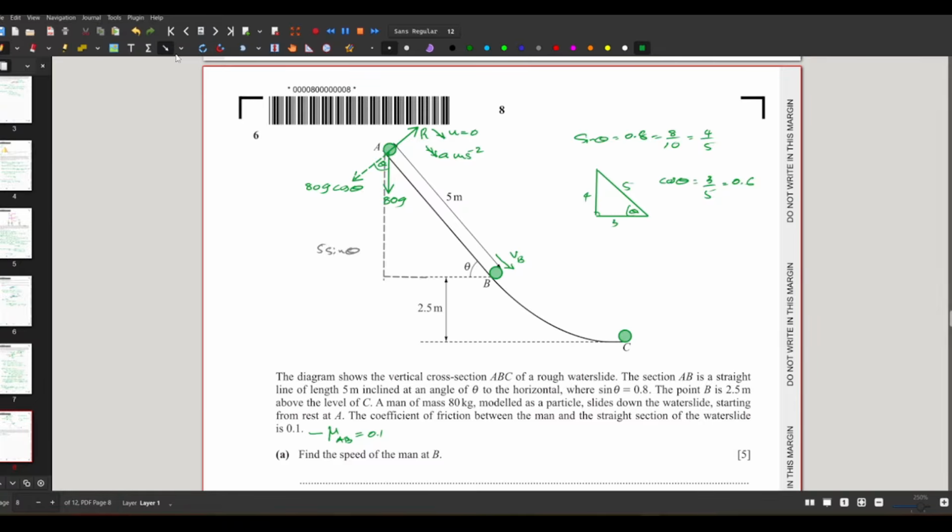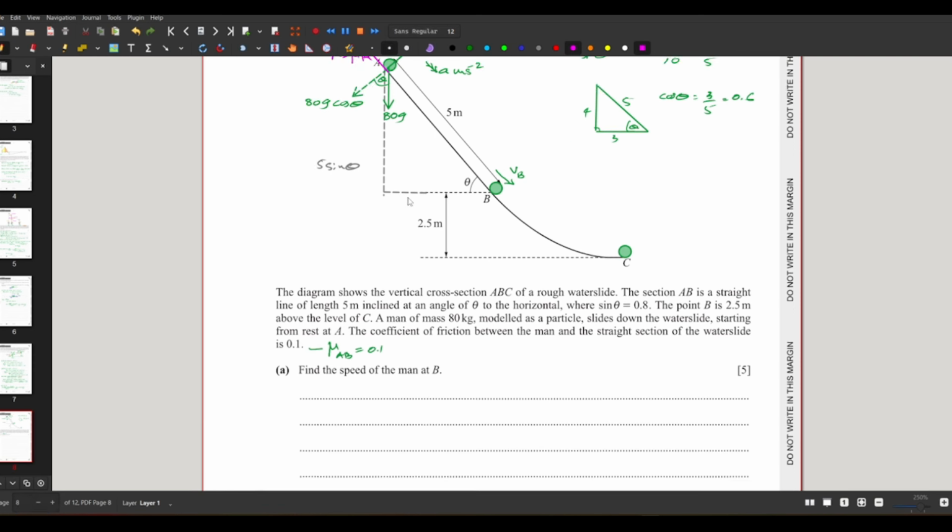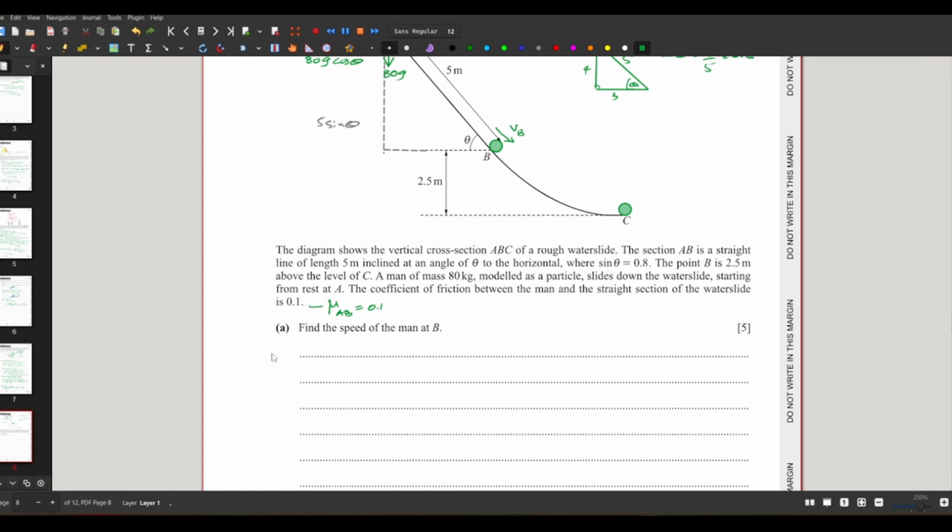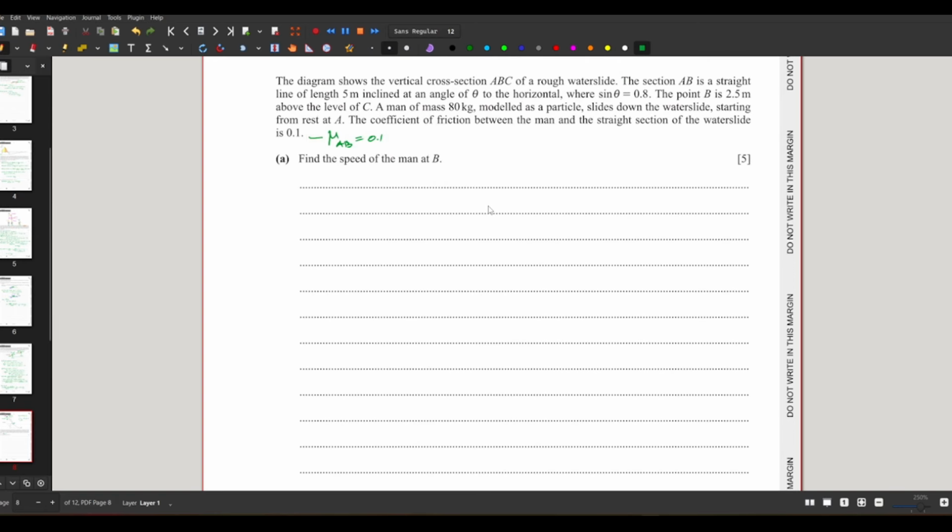So we have a friction force also. So we have a friction here. And that friction F equals mu R. Okay. So now friction force on AB section, we will find that one. On AB section.